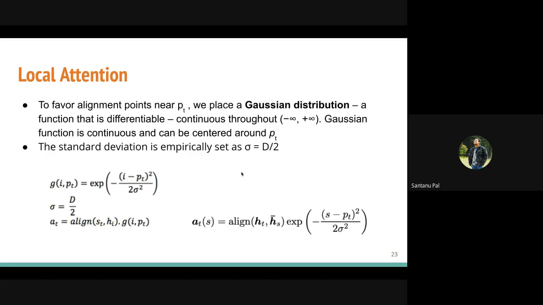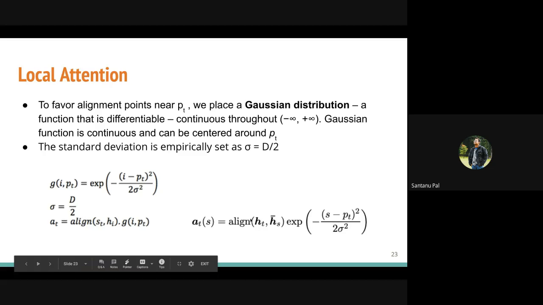You empirically select a standard deviation, because this is the Gaussian function equation and it needs a standard deviation. This standard deviation value is empirically selected as D by 2, where D is the window size.